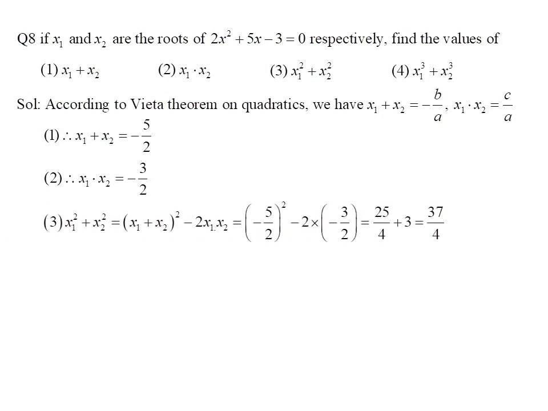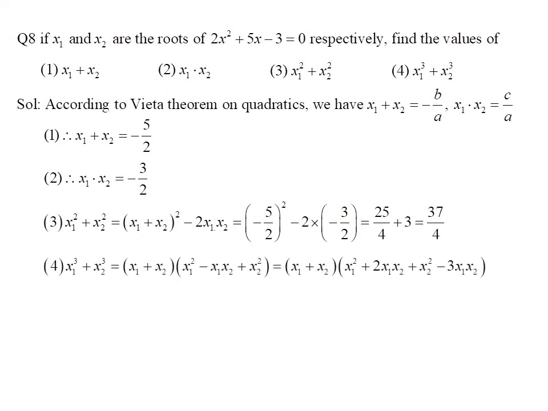For question 3, since x1 squared plus x2 squared can be transformed to (x1 plus x2) in parentheses squared minus 2x1x2, the result of question 3 can be calculated, which is 37 over 4.